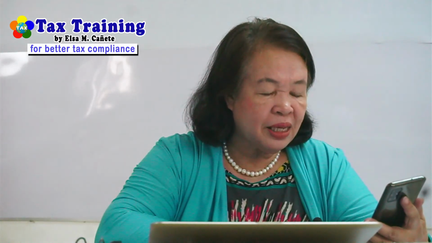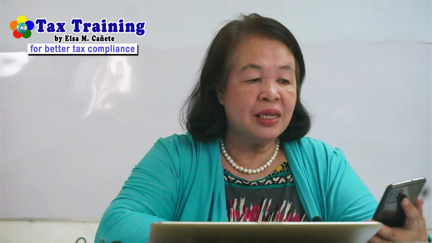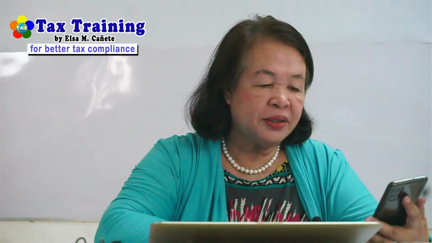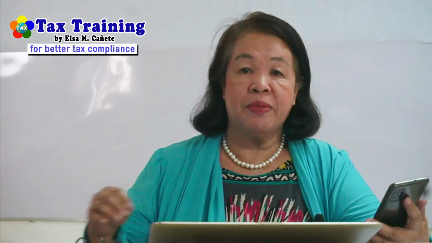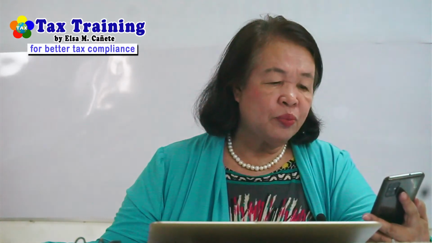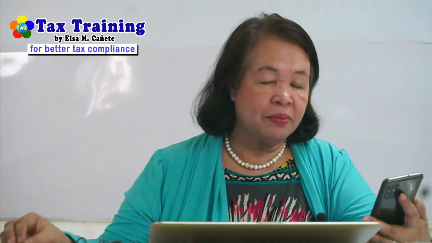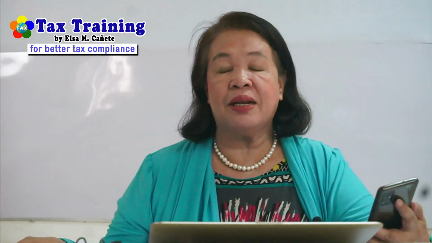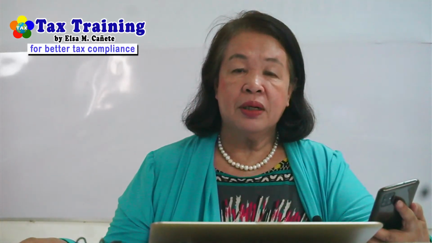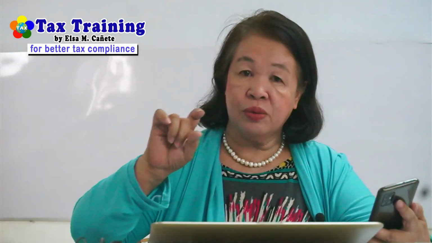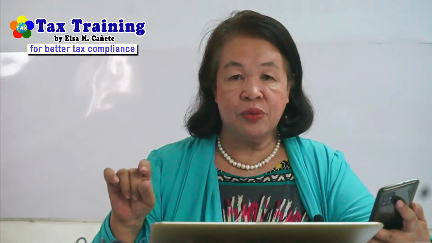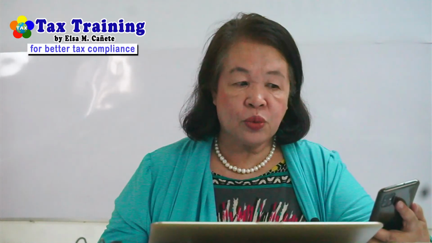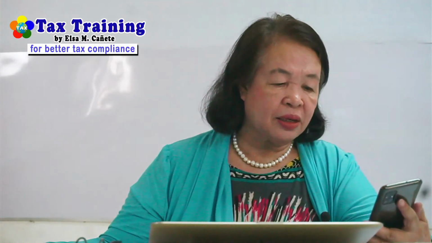Pero wag nyo siyang isama sa second quarter. Why? Kasi different files po yan sila. So paano nyo i-label ngayon yung first quarter, ginawa mo rin siyang second quarter, magka-problema yung records mo. Pwede mo siyang isama, sabay mo siyang ipa-receive, but of course, yung labeling mo, this is the information. At makikita naman po doon sa date mismo ng 2307, kung kailan siya na-issue, makikita talaga na pertain siya to first quarter. Huwag niyo po siyang isama sa second quarter.